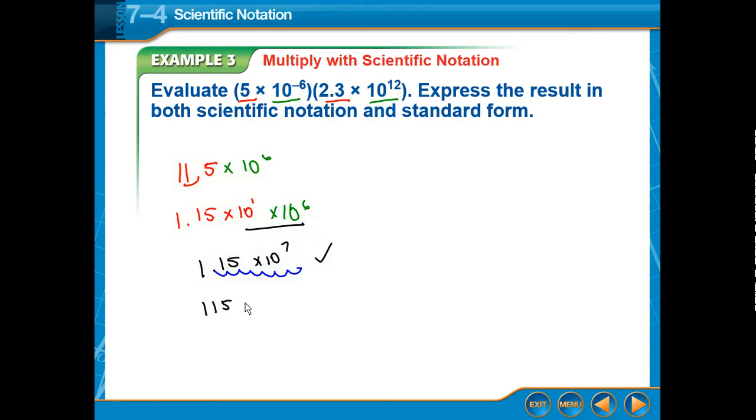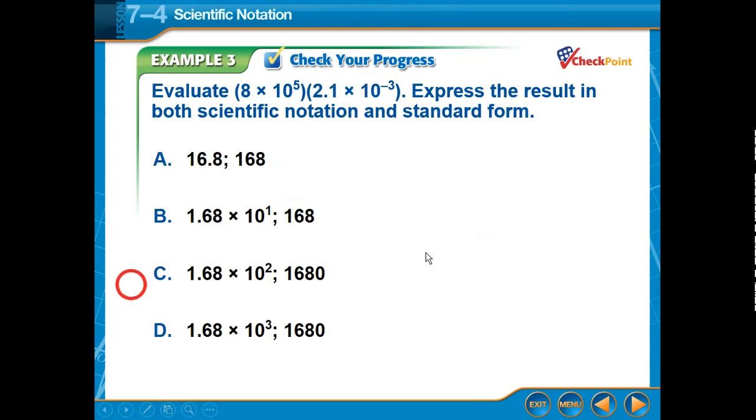And then I have 1, 2, 3, 4, 5 zeros left to fill in. And then I'm just putting in my commas. And this is my standard form. And then this one up here was my scientific notation. Okay. You guys try that.